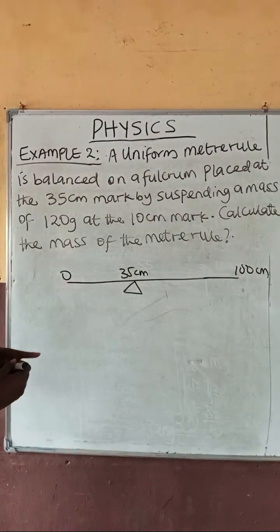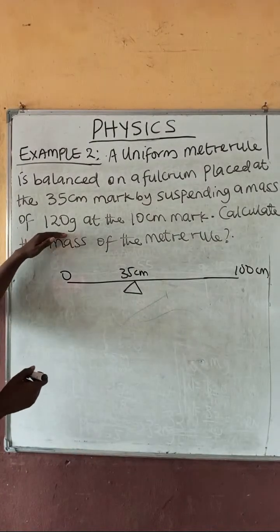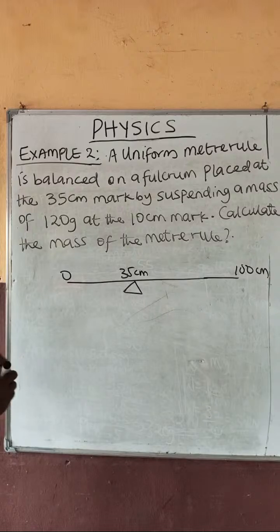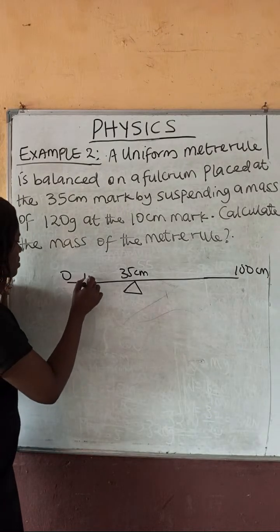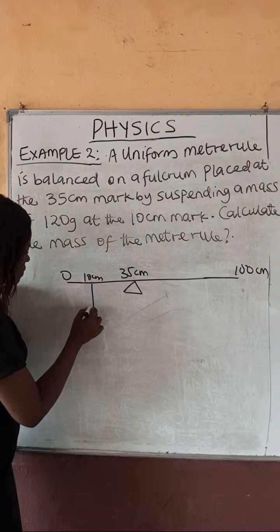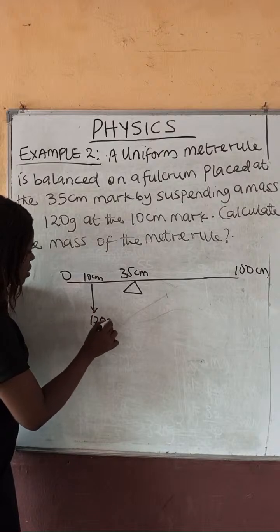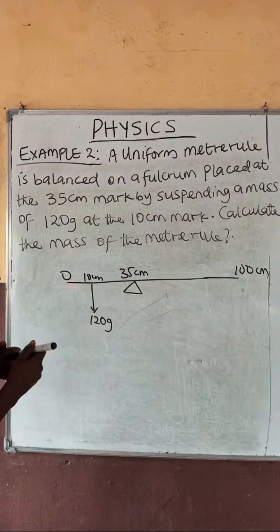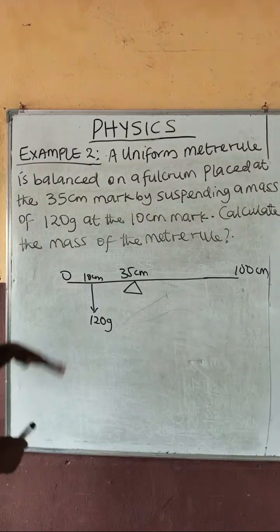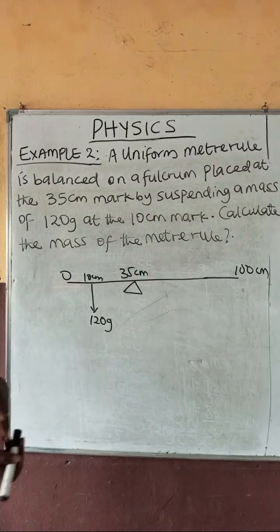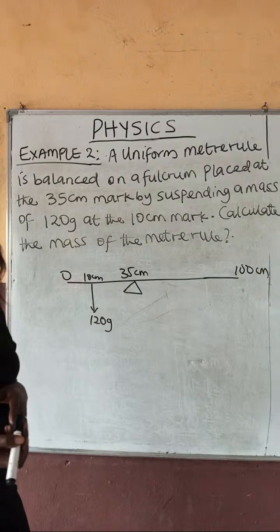It is balanced by suspending a mass of 120 grams at the 10 centimeter mark. This is the 10 centimeter mark and a mass of what? 120 grams, right? Calculate the mass of the meter rule. Now, how do we get the mass of the meter rule?